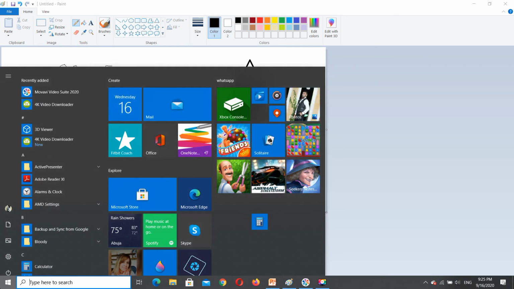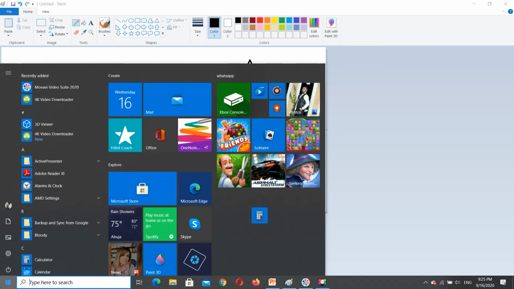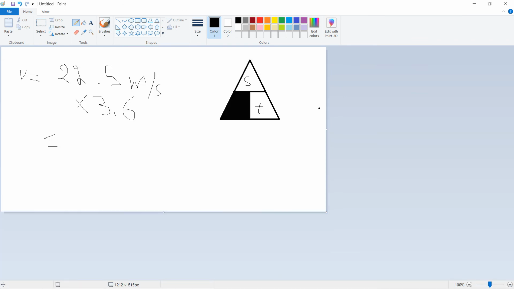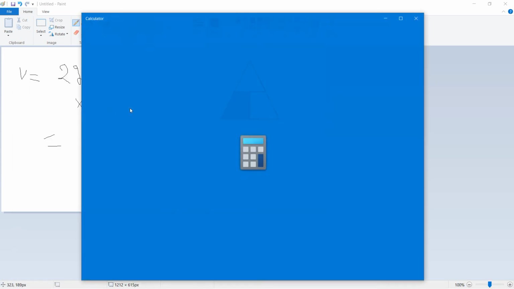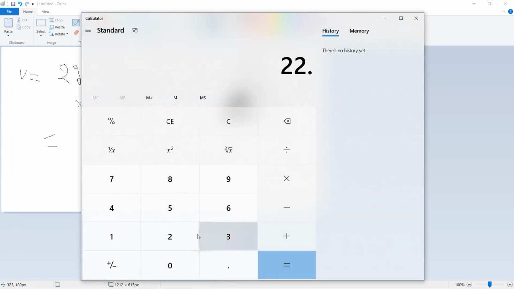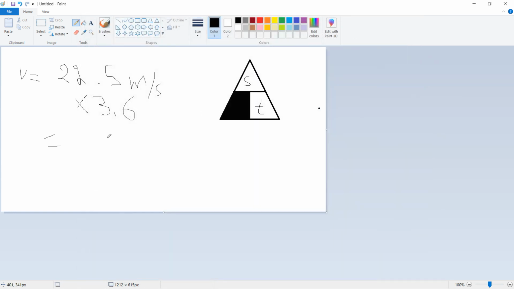So let's do it using the calculator. 22.5 times 3.6 is equal to 81. So the speed is 81 what? Kilometers per hour. And you know this slash means per, right? So this is the first question.